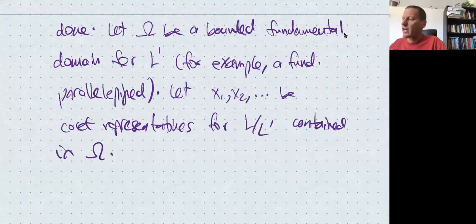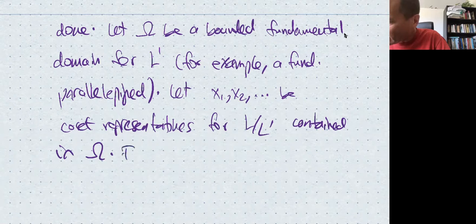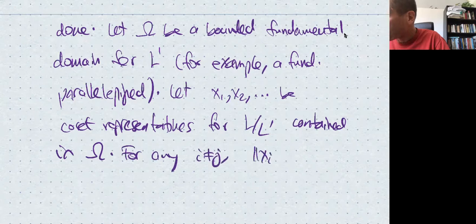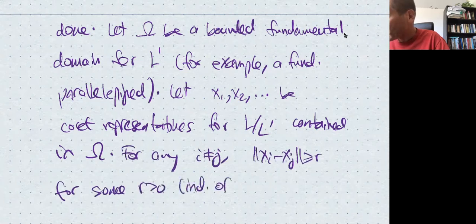Now, this is a collection of distinct points inside omega, and these distinct points are a fixed distance apart because of the discreteness. It's not exactly the discreteness, it's part 2 of the proposition about discreteness. The distance between any of these 2 points is bounded below by some number. So for any i not equal to j, the norm of xi minus xj is greater than r for some positive r, which doesn't depend on i and j.